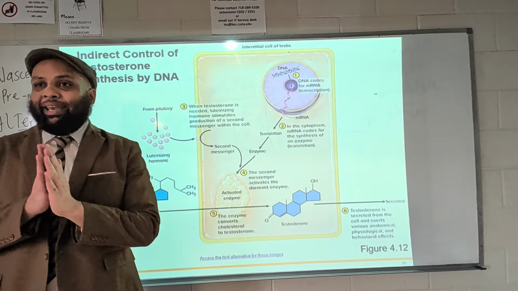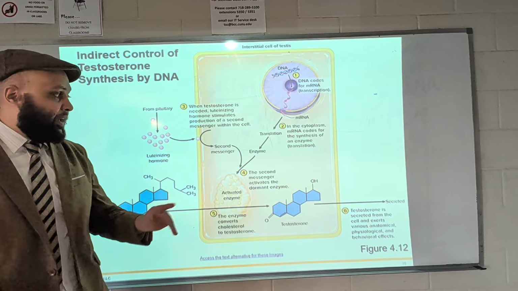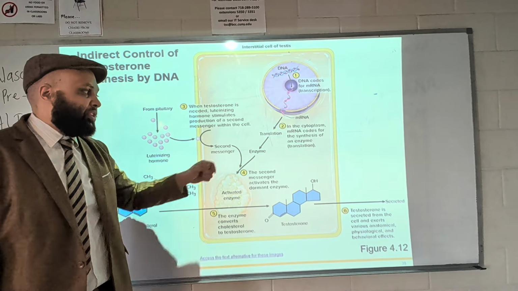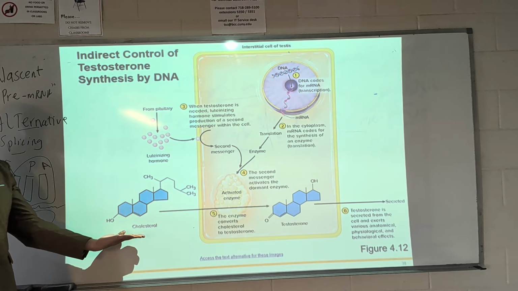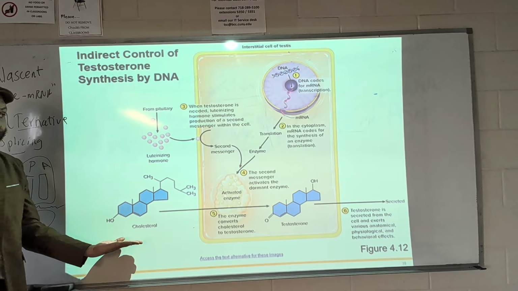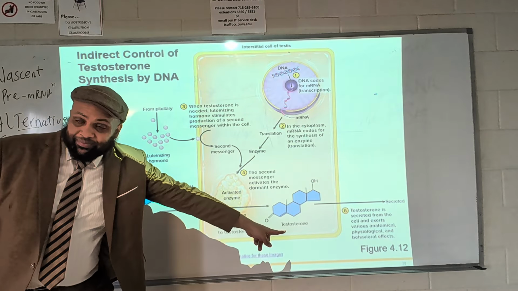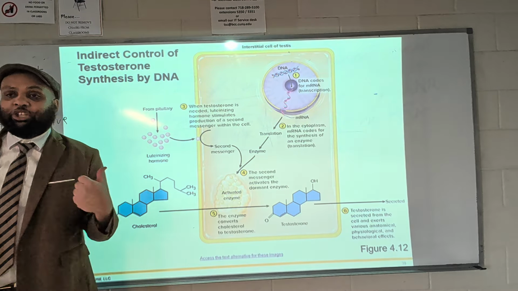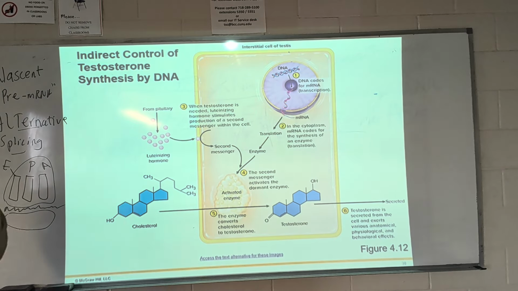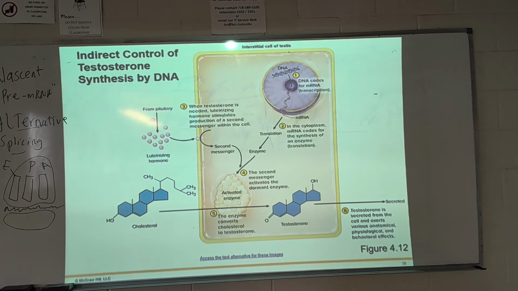This enzyme is laying in there. So the second messenger is going to kickstart the enzyme, and it's going to convert for us cholesterol into testosterone. So this figure is teaching you that testosterone is made up of what? Cholesterol.